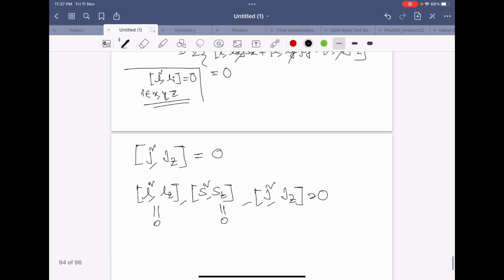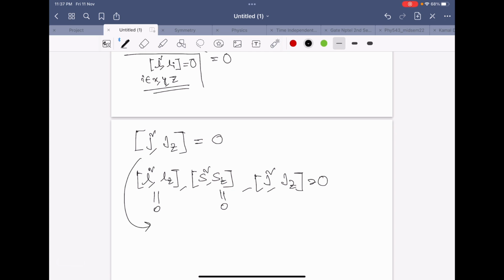Or you can show it separately by writing out J square as L square plus S square plus 2 L dot S, with Jz. Jz is definitely Lz plus Sz.